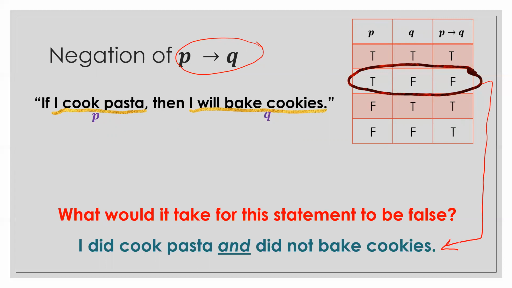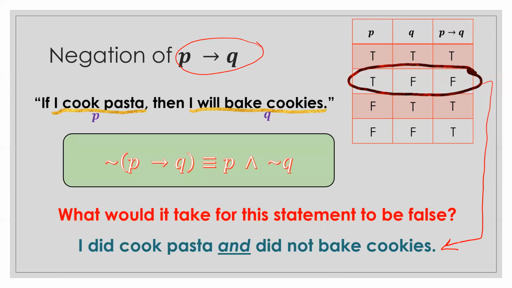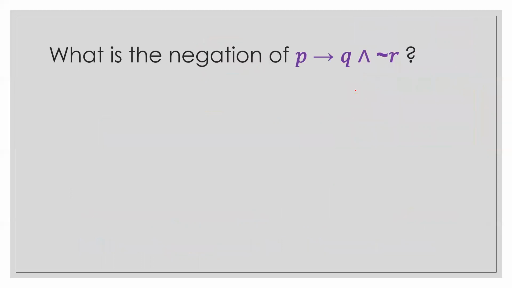So what is the negation, to summarize that? The negation of an if-then statement is P and not Q. The negation of if P, then Q is P and not Q because of that right there. Okay, so let's practice a little bit more complicated statement: if P, then Q and not R. What's the negation of that?